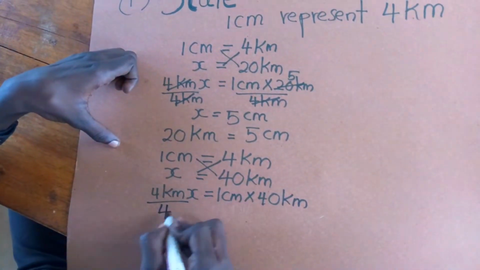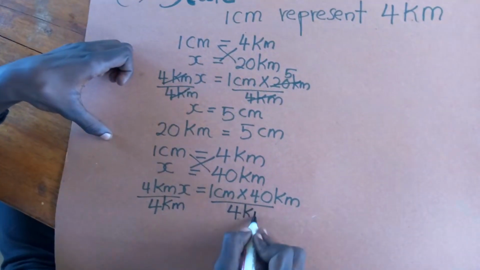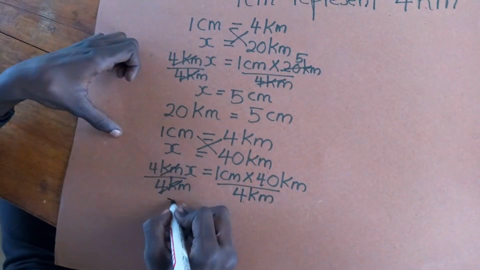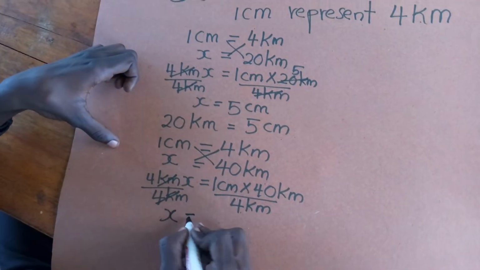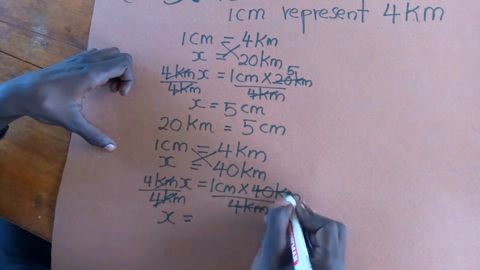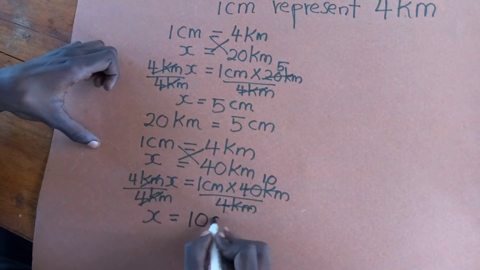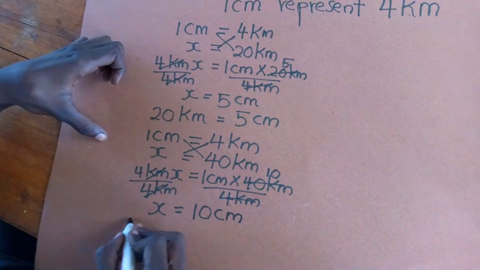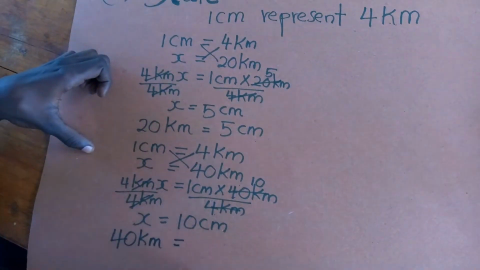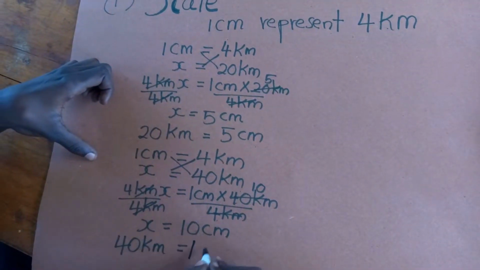Divide by 4 kilometers on both sides. The kilometers cancel, so x is equal to 40 divided by 4, which is 10 centimeters. So 40 kilometers is equal to 10 centimeters.